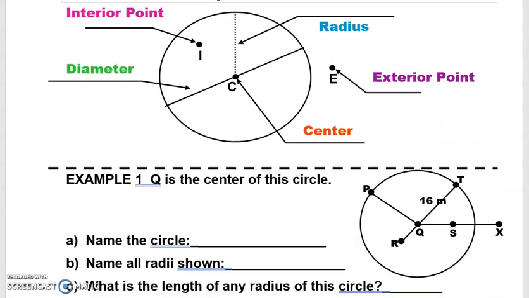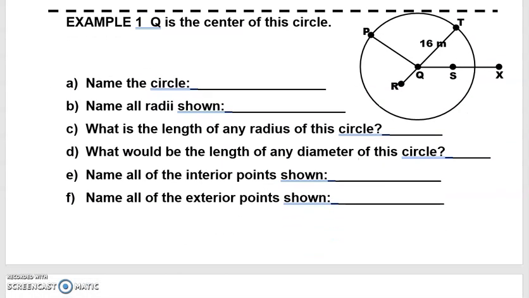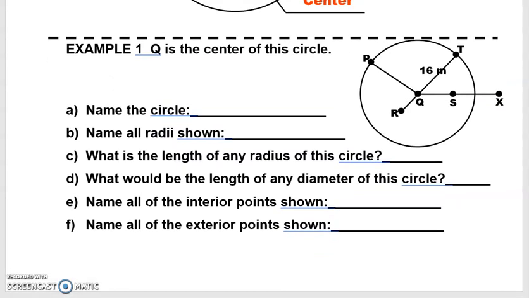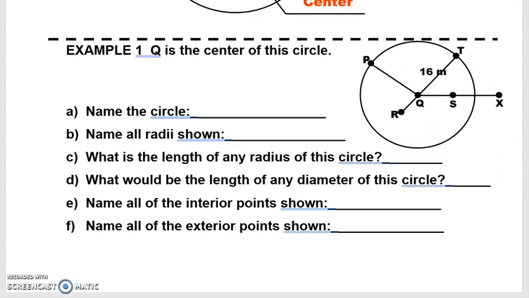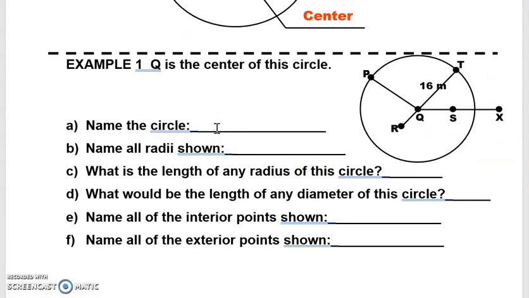So let's use that information to fill out this example 1. Name the circle. We name a circle by the center point. So we could just call this circle Q, because Q is our center point.